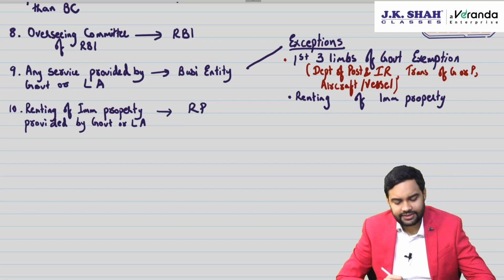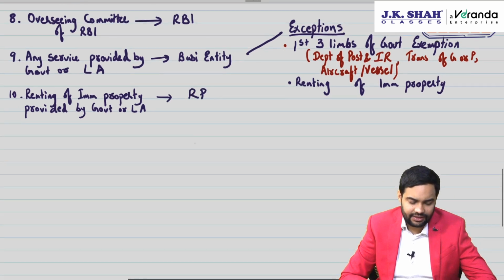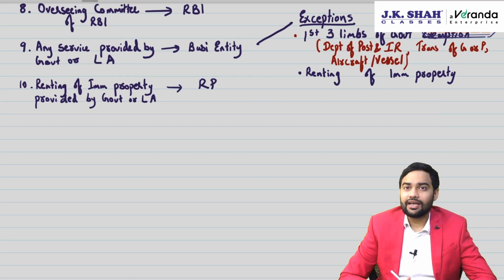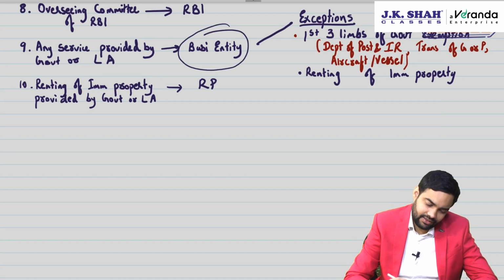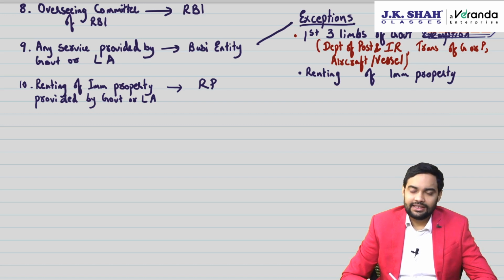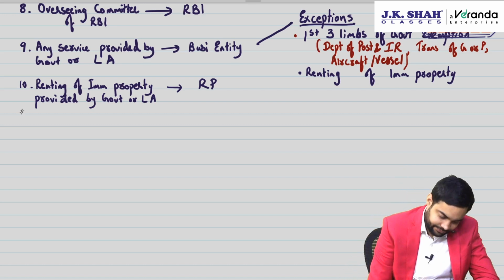This is the difference in the language. Here it is dependent on registered person, while in ninth point it talks about business entity, which is wider. Business entity is wider because business entities may be registered or unregistered, while registered person is only a person who has taken GST registration.